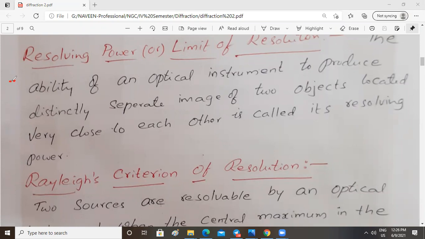If I ask you how many dots I have drawn on the screen, you say two dots. If you go a distance of 5 meters from the screen, you may see two dots. Furthermore, if you go beyond that distance up to 20 meters, you cannot see two dots separately. You can see only one dot.